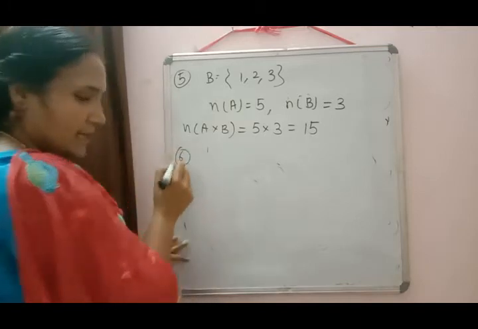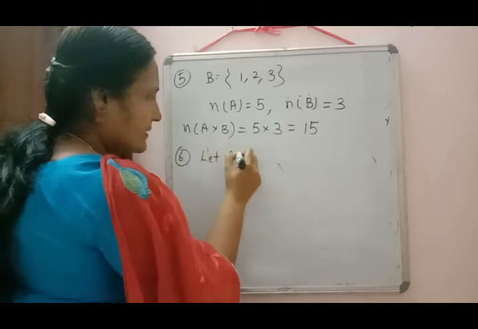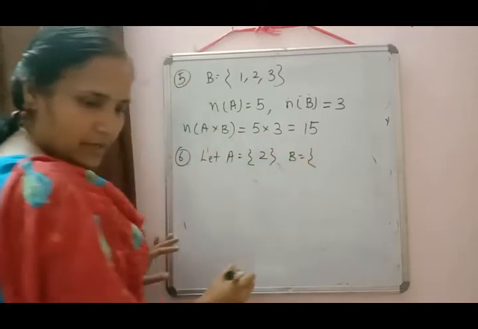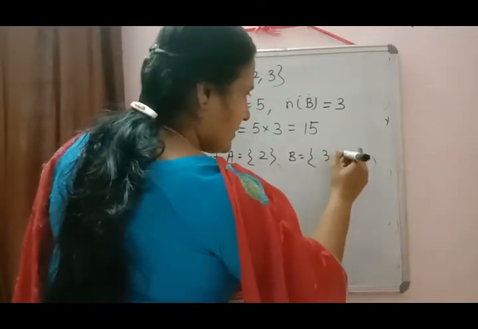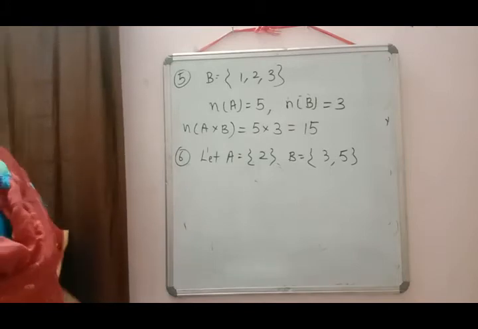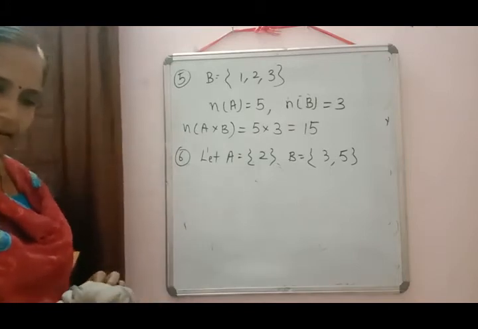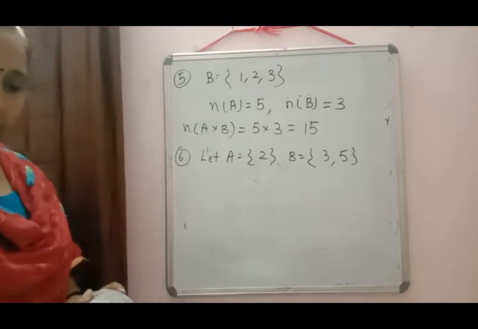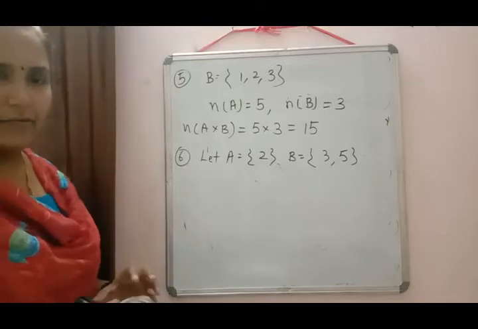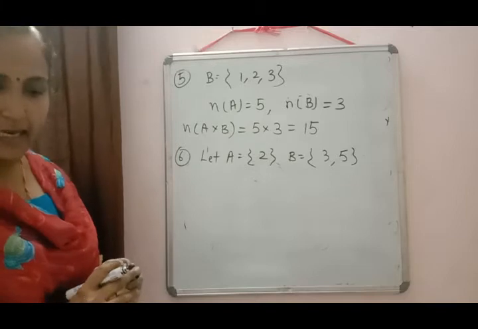Question number 6 is, let set A is equal to 2 and set B is equal to 3 comma 5. Question is, write A cross B. How many subsets will A cross B have?